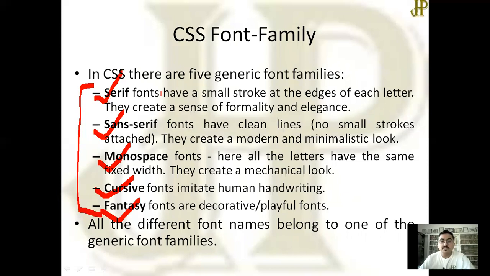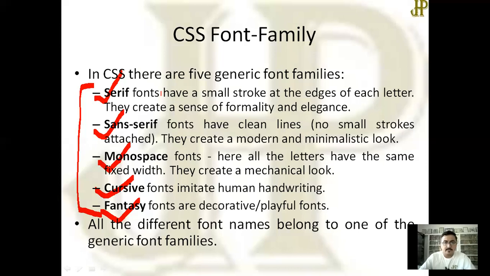There are no such edges shown. In monospace, the letters look computerized or mechanical. In cursive, as the name suggests, it looks like handwriting. And in fantasy, there are decorative or playful fonts.